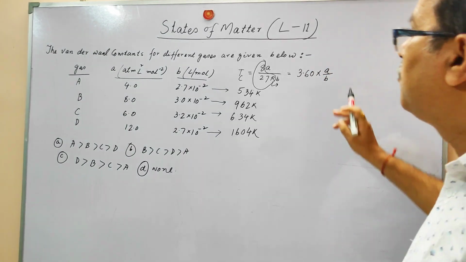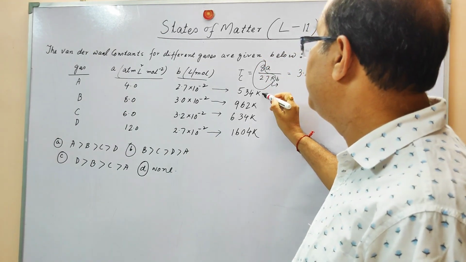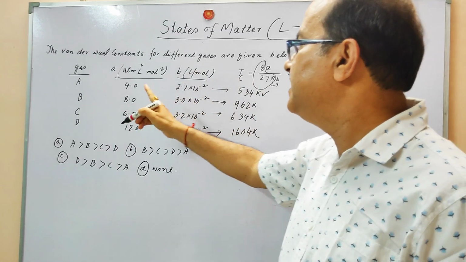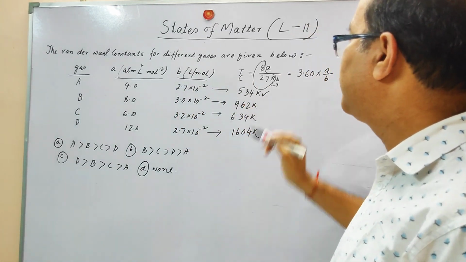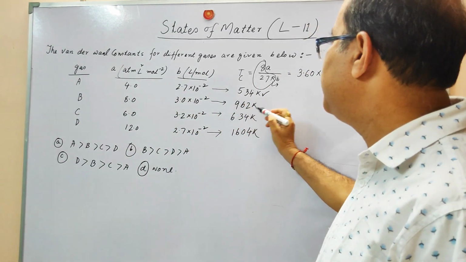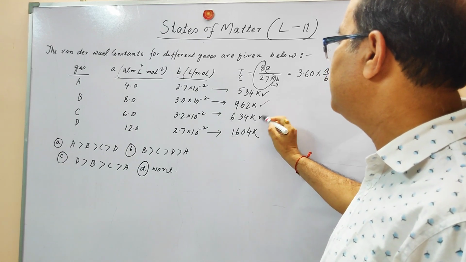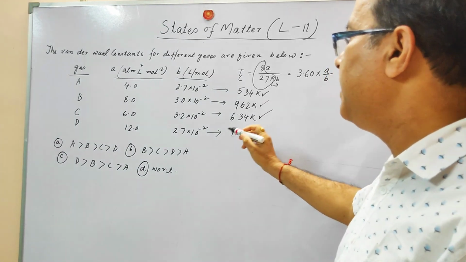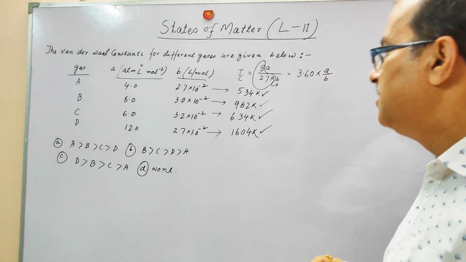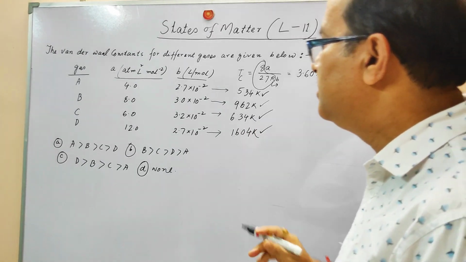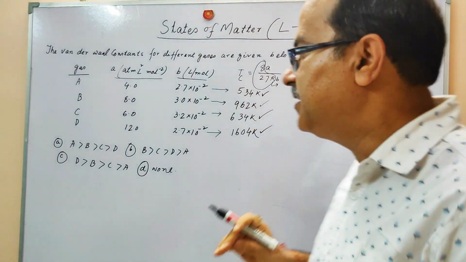If we calculate the critical temperature, we will get for gas A 534 Kelvin, gas B 962 Kelvin, gas C 634, and gas D this. So we can arrange the critical temperature in decreasing order.